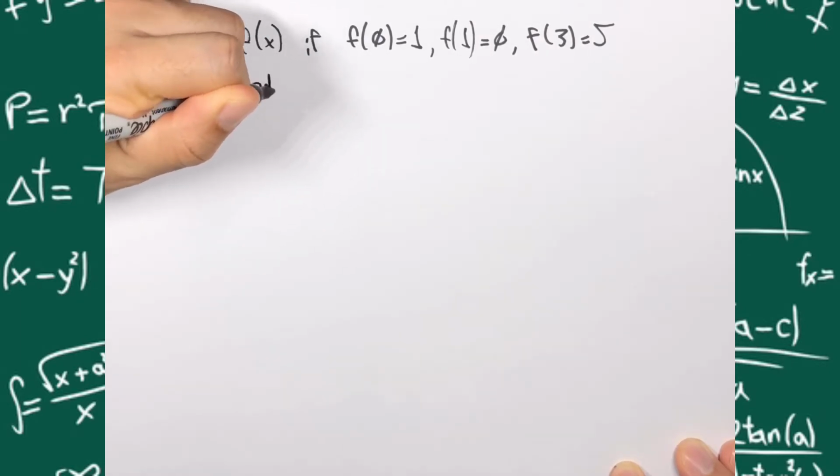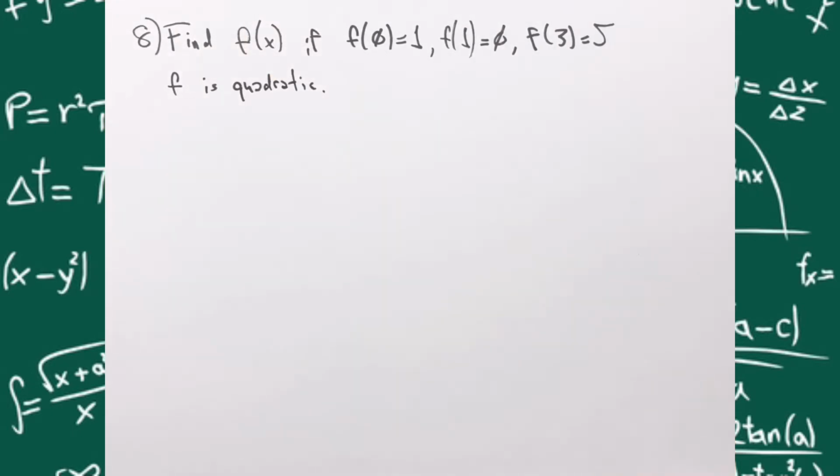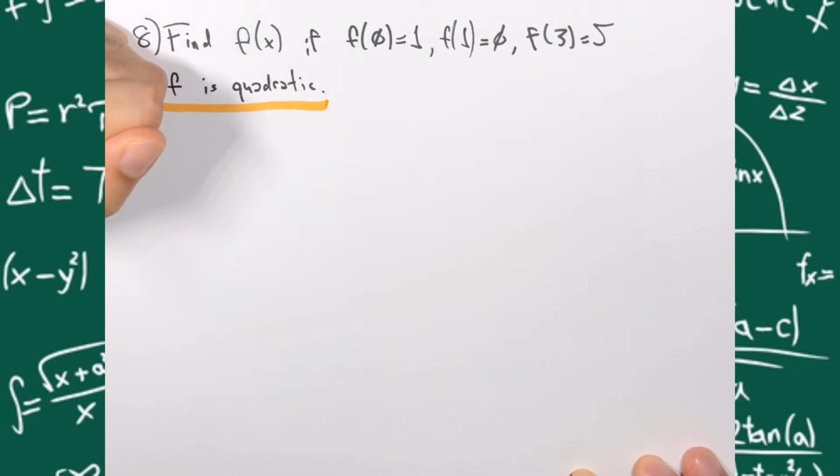So just like we analyzed in the exercise number 7 resolution, here we're going to look at the key pieces of information that the problem is giving us. And in this case, the fact that f is quadratic is the most important element that is going to help our solution.